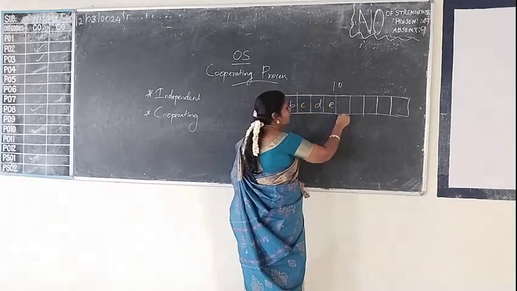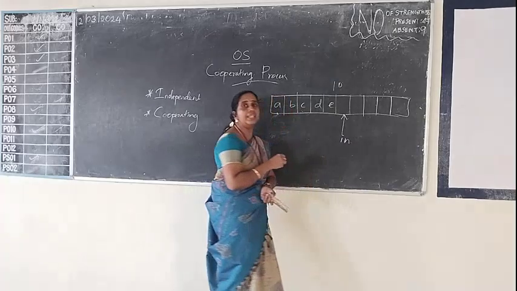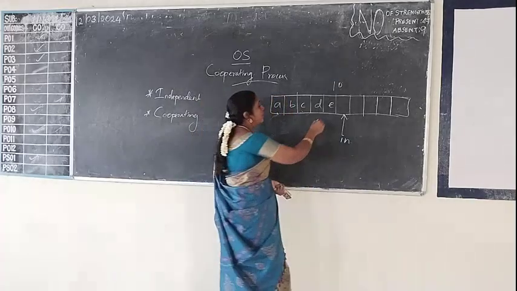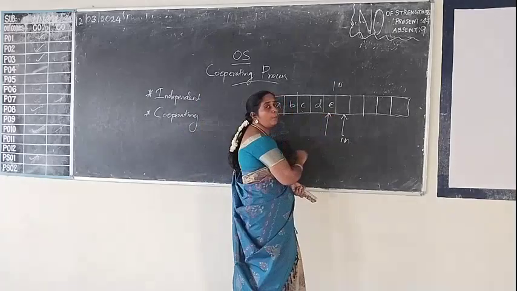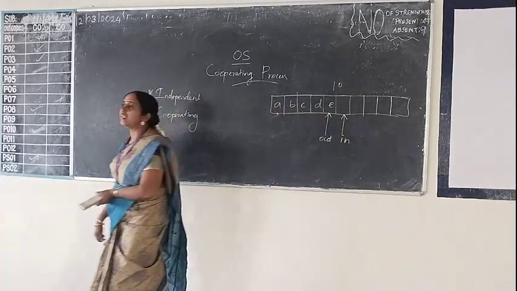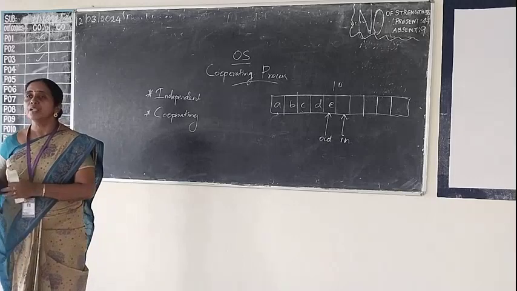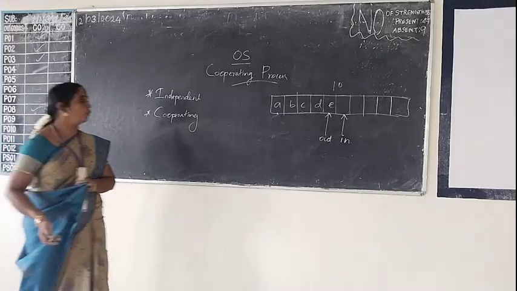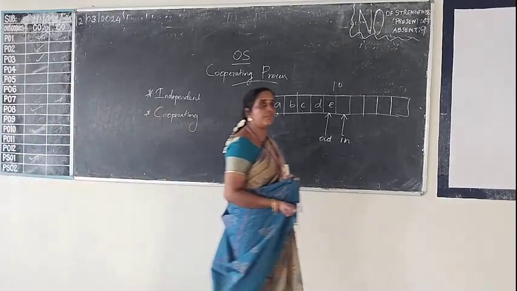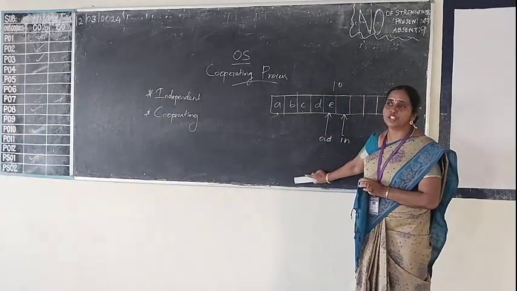The in pointer represents the next available free position in the buffer, and the out pointer represents the first available full position in the buffer. So there are two pointers maintained in the implementation of the producer-consumer problem: the in pointer and the out pointer.